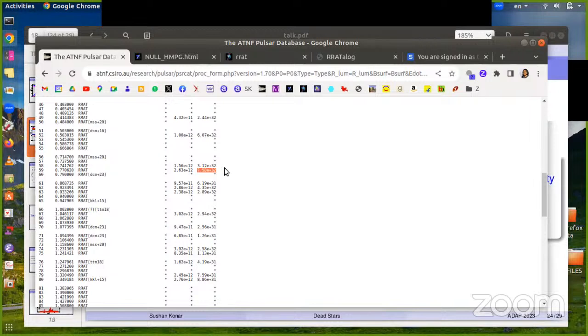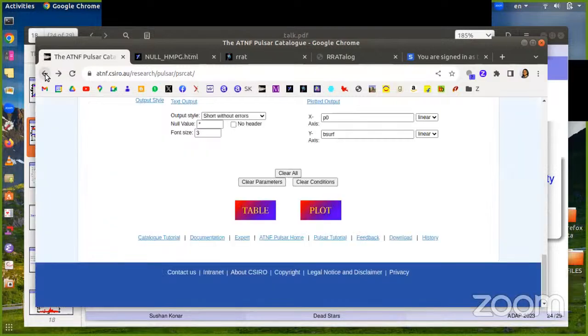Can you see that? It's very close to 10 to the power 33 ergs per second. Can I zoom? I did not do that.